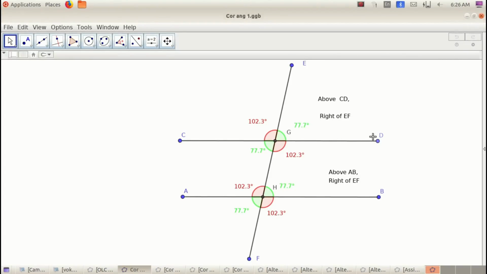Angles in this pairing done according to similar positions are called corresponding angles.